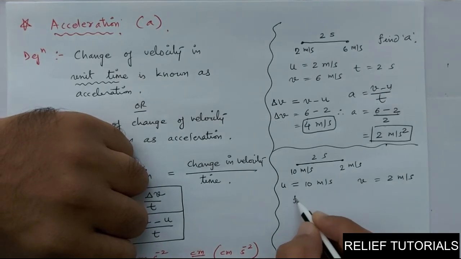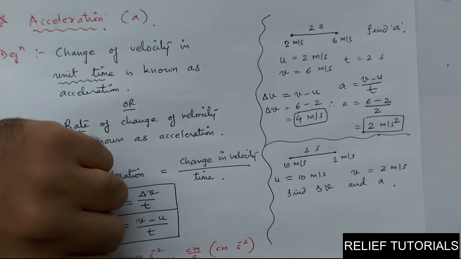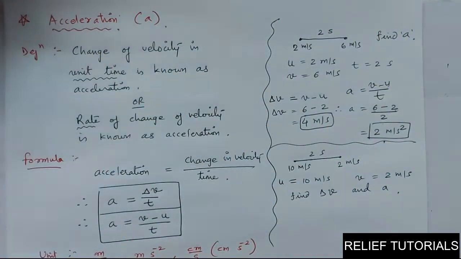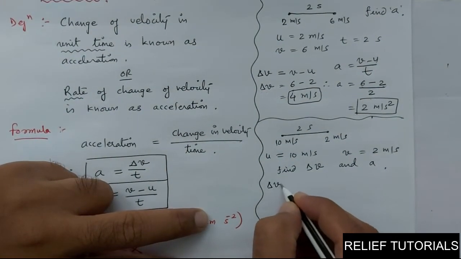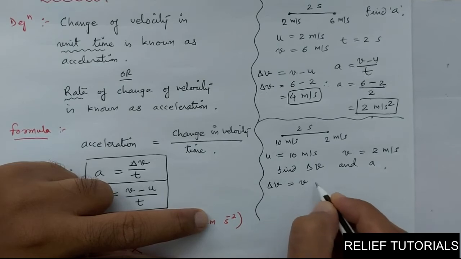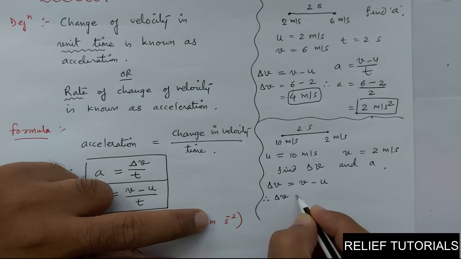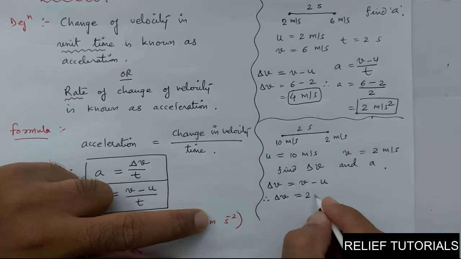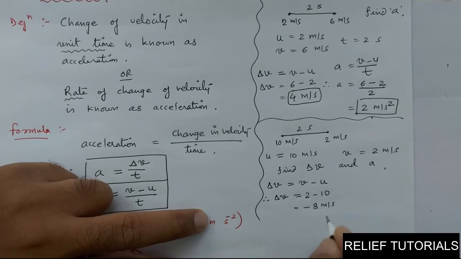So now I am asking you to find delta V and A, both things, just like we have done in the previous case. Let us find delta V first of all. Delta V means change in velocity, and that is final velocity minus initial velocity. Therefore, delta V is equal to final velocity V, which is 2, minus initial velocity 10. So 2 minus 10 is minus 8 meter per second.